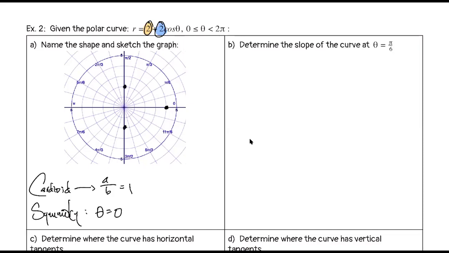Okay, so I can see sort of the right-hand side of the cardioid. And then because it's a cardioid, there's no loop, it's not dimpled, it's not convex, but it makes a nice little heart, a sideways facing heart.